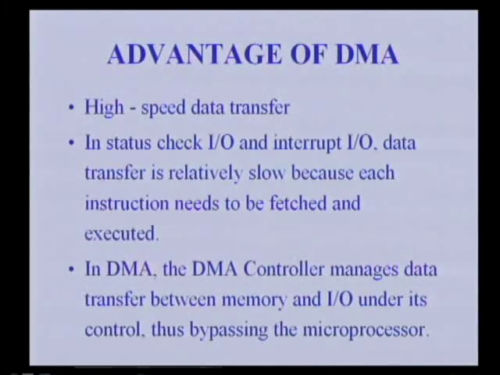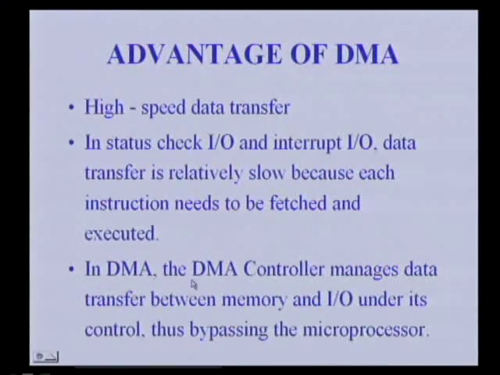Now see the advantage of DMA. Because of DMA, high speed data transfer is possible. In comparison with other methods, status check IO and interrupt IO, data transfer is relatively slow because each instruction needs to be fetched and executed by the processor.